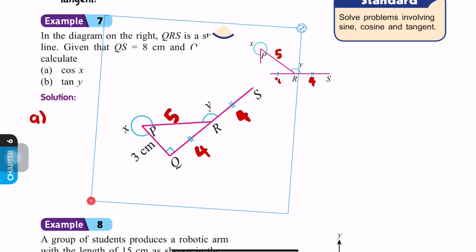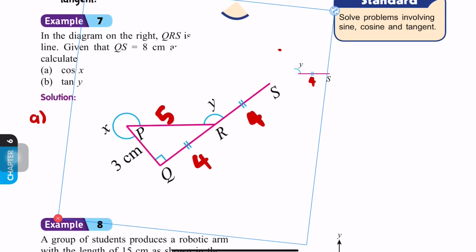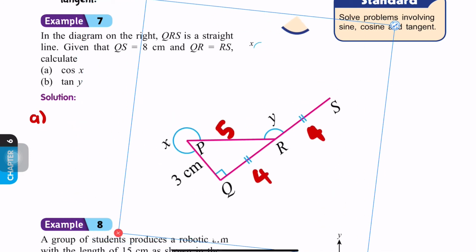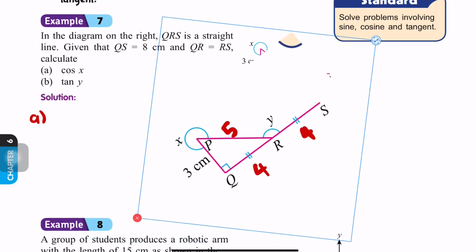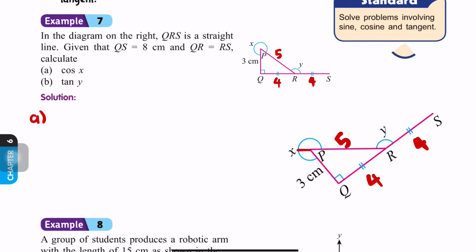Okey, macam ni. Jadikan hypotenuse tu sebagai garis lurus. Okey, contoh, garis lurus. Tulis tepi ni lah. Then tambahkan macam ni. Ingat, yang hypotenuse ni mula dari kosong lah. This is 0, 90, 270, 360.